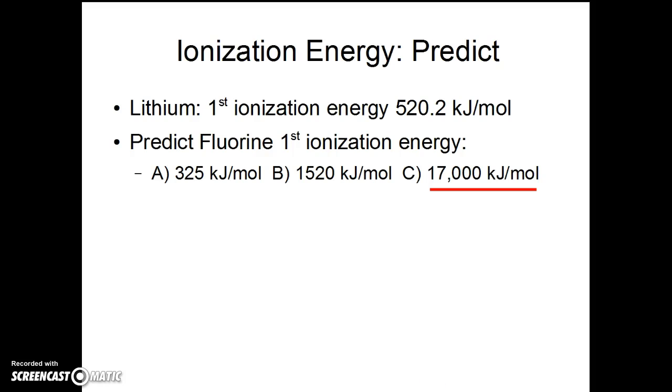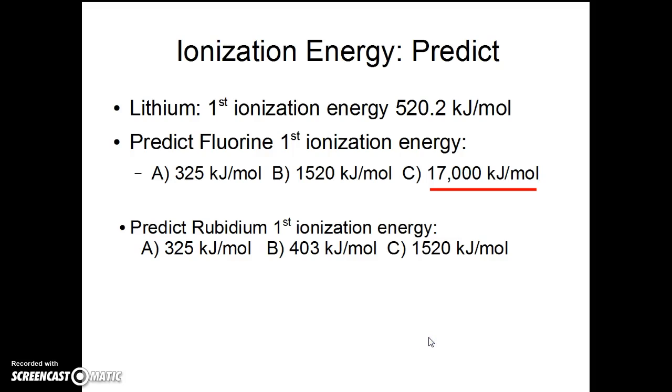You might have chosen 1520, but actually because of the increase from 3 protons pulling to 9 protons pulling, the effect is actually greater than linear, and the first ionization energy of fluorine is actually 17,000 kilojoules per mole. We know, of course, that fluorine is the most electronegative of all the elements. It's tugging on its electrons, we might say even desperately.